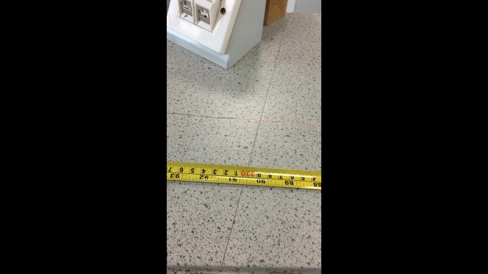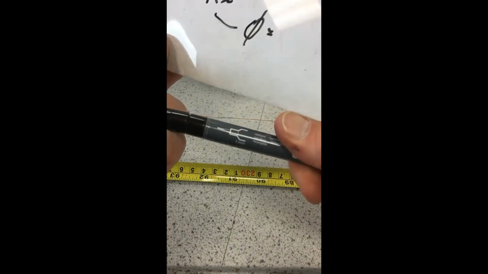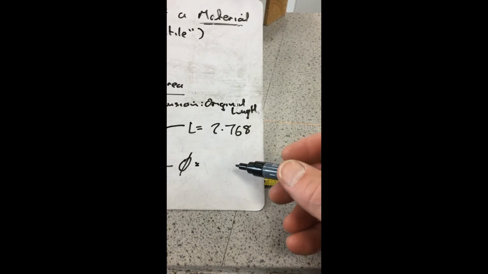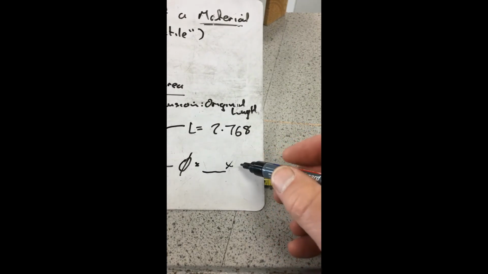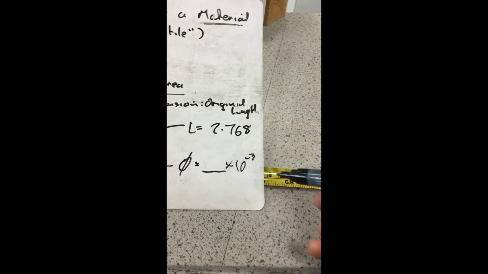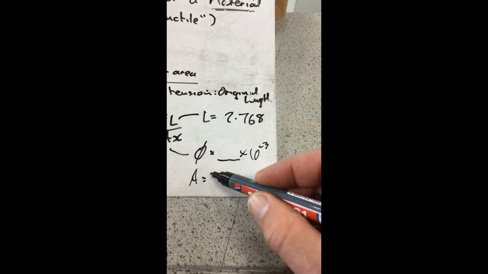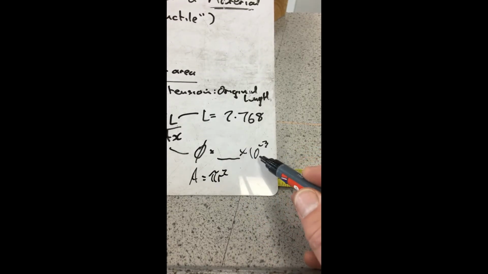So take those 3 readings, average them, and then that's going to give you your diameter, which goes on to here. So when you have decided what your diameter is, that's going to be in millimeters. So write it as whatever your scale is times 10 to the minus 3, because then when we want the area, when we use pi r squared, you've already got the times 10 to the minus 3 in.